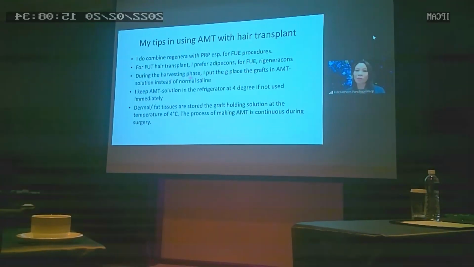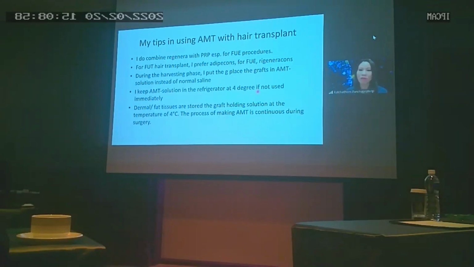During the harvesting phase, I usually put the graft in the AMT solution instead of normal solution. I keep the AMT solution after we already get the solution in the refrigerator or over ice. As for the certificate, I do not use it immediately.